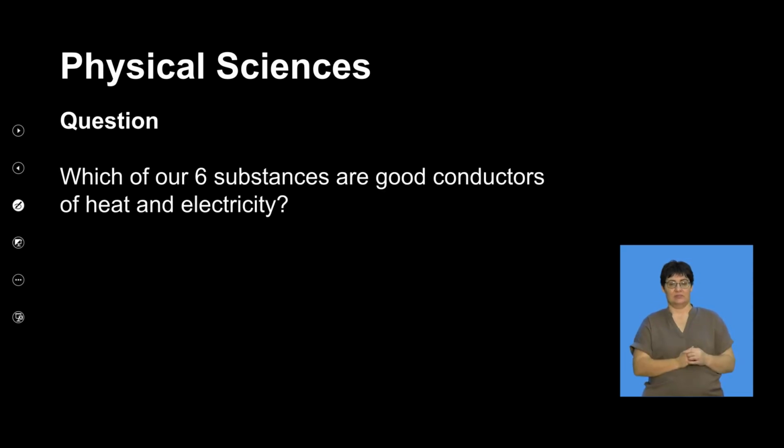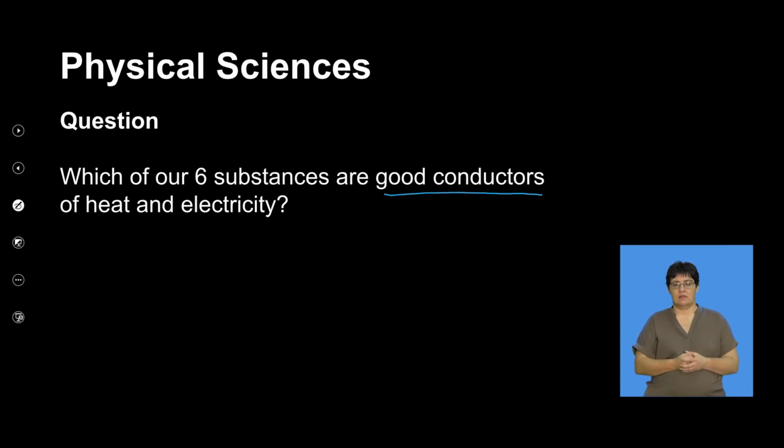And then which of the 6 substances are good conductors of heat and electricity? Now, we already identified some of the materials as metals, some non-metals, and silicon being a metalloid, which we would also say is a semi-metal. The question says which of these 6 substances are good conductors of heat and electricity. So it's both thermal and electrical.